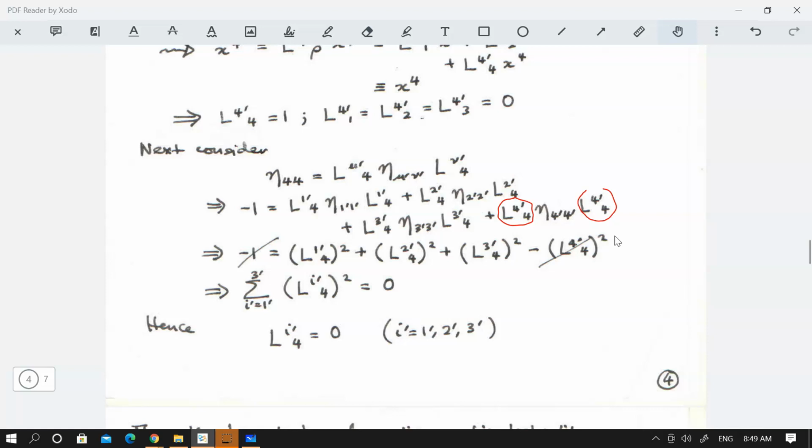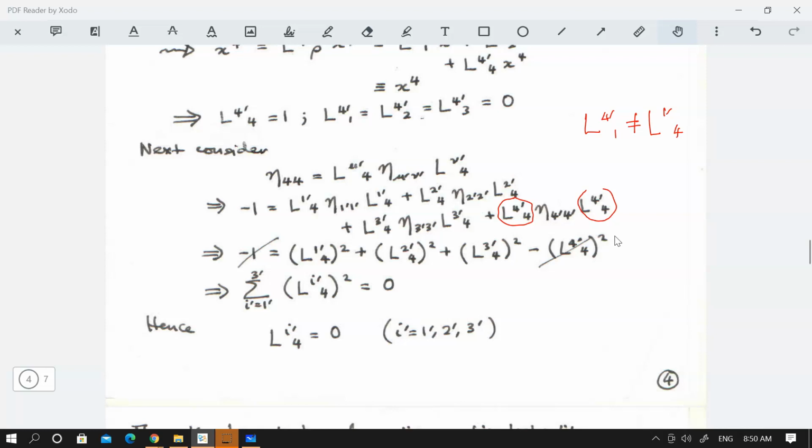One cannot use this as yet because we do not know the form of this matrix as yet. They are not symmetric. In other words, L4-1 might not be equal to L1-4, so we cannot use this. What we need to do is just multiply them first. So this is L1-4 times L1-4, you get L1-4 squared.